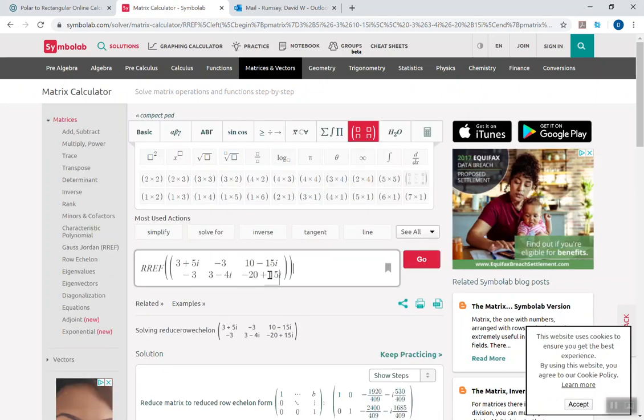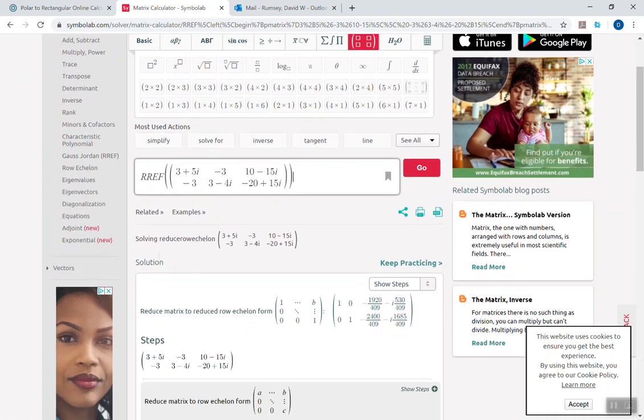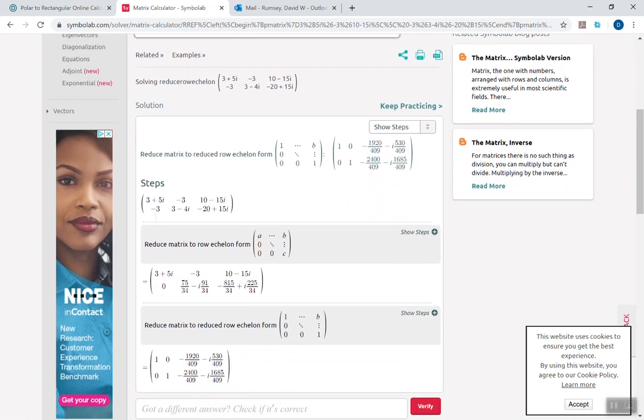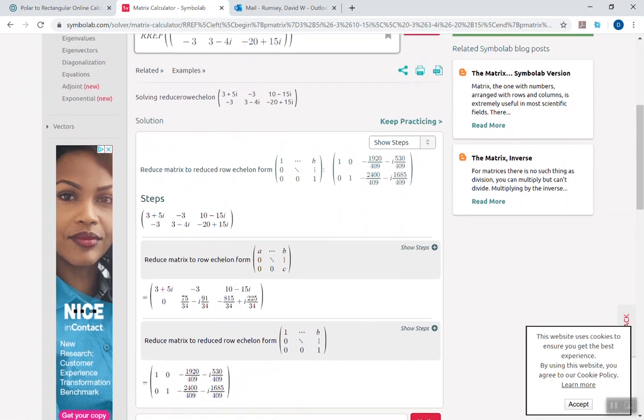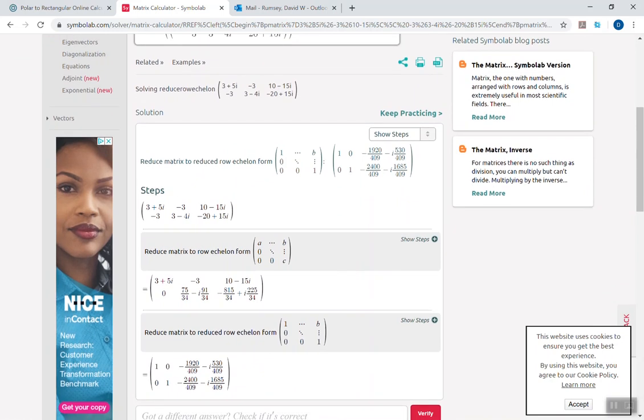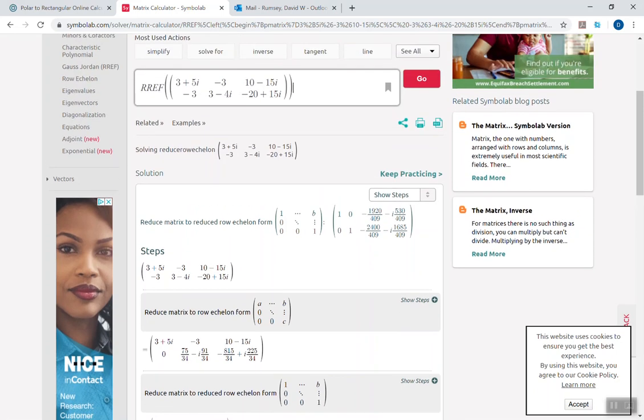It's doing some computations, and of course it gives me fractions. That's not very helpful, but I'll write the fractions down here, and then we'll get the decimal numbers. It went ahead and did all of the computations for me.